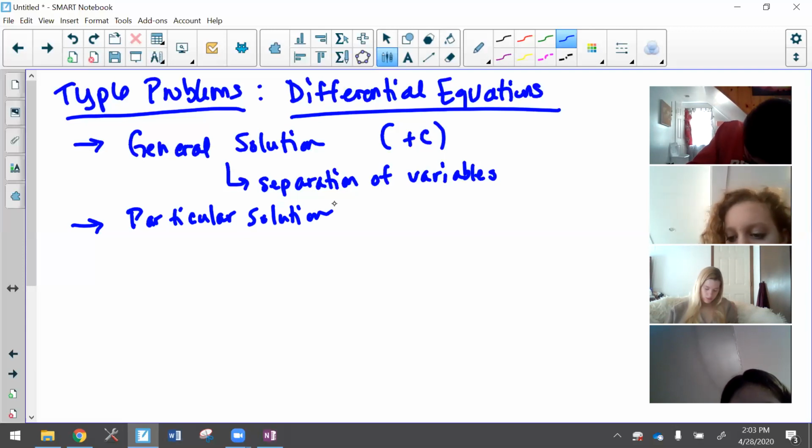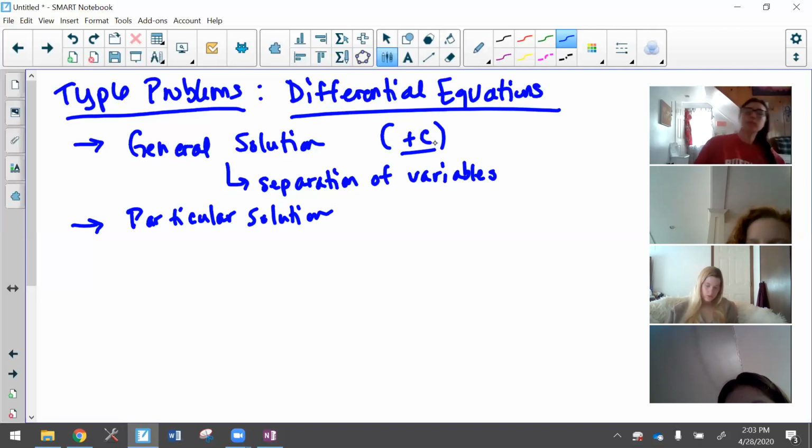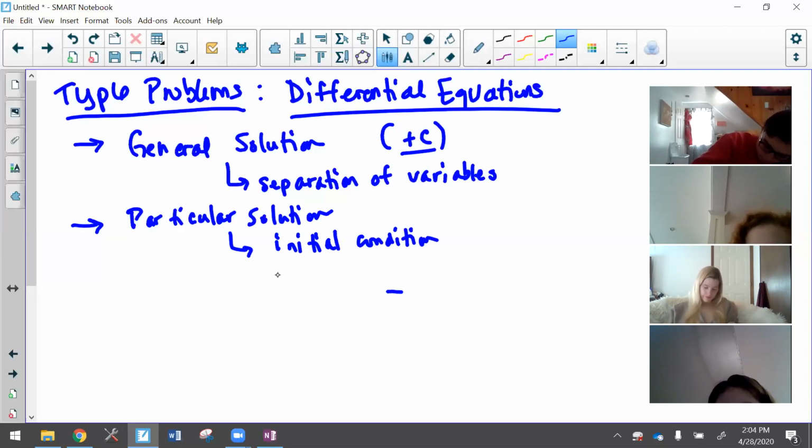And a particular solution anchors your general solution to a particular point, which means that we no longer have that plus C, it's plus a particular number, or however that formula works itself out. So when you're dealing with the particular solution, you often have an initial condition. And often what you're trying to do, as I just said, is determine what C is from the general solution.